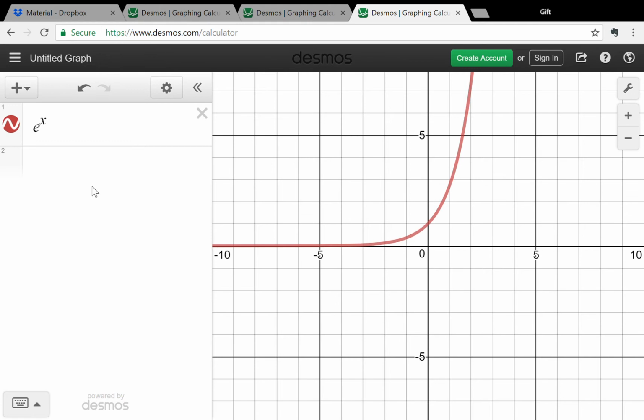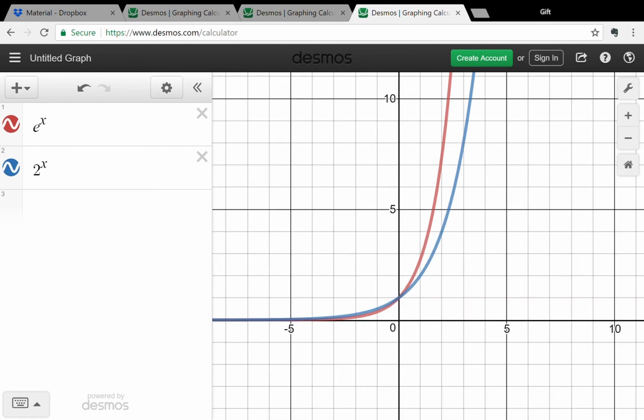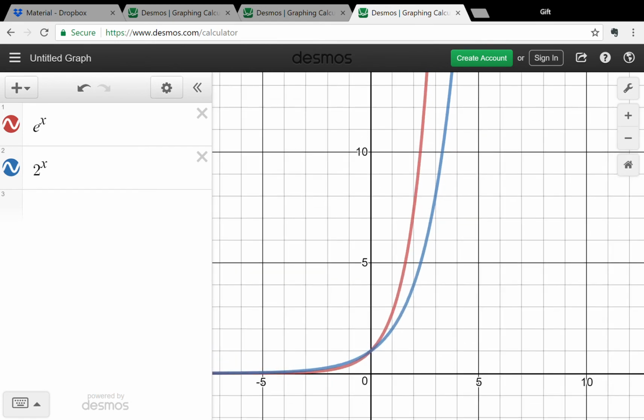And then the next one is 2 to the x. 2 is smaller than e, so it's going to grow slower than e to the x, but it has the same shape anyway. The blue graph is 2 to the x, the red graph is e to the x.